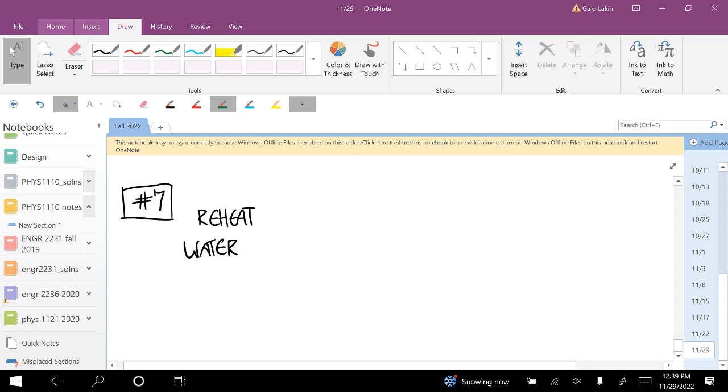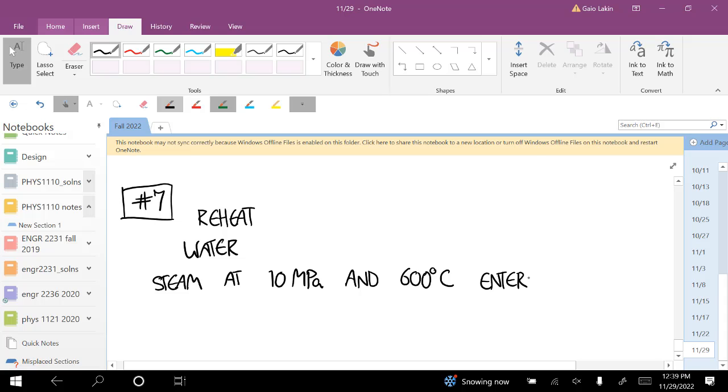It says steam, so this is superheated vapor at 10 megapascals and 600 degrees Celsius enters the first stage turbine.